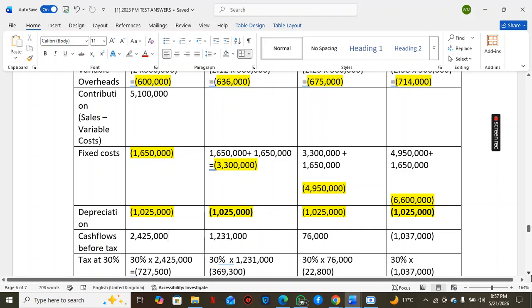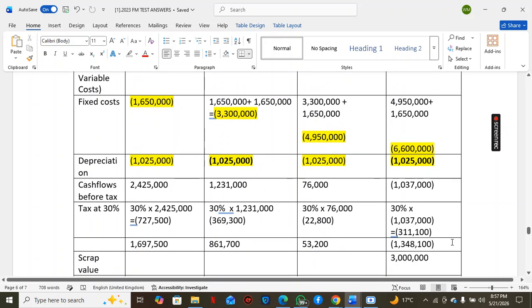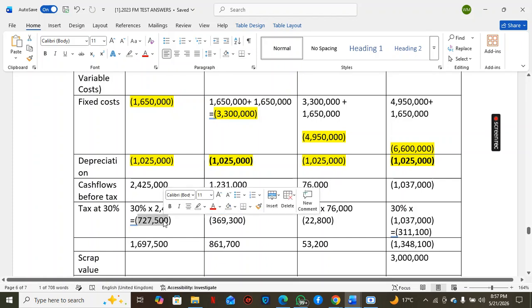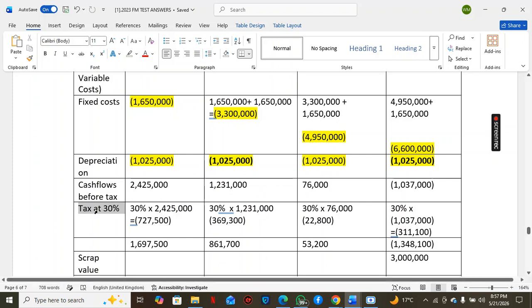Then tax. Remember, they've told us corporate tax is 30%. So you're going to get 30% of this 2,425,000. Are we getting 727,500? We're getting the tax.